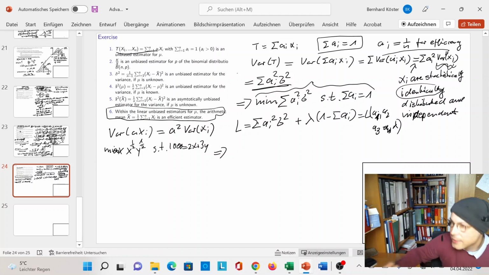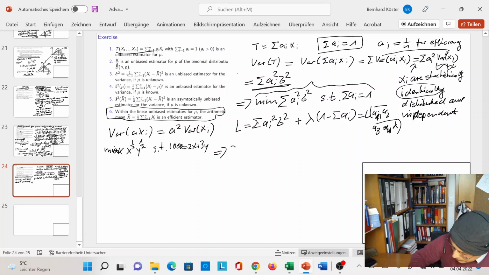How do you optimize such a function? What are you doing? Well, we have to take the derivatives with respect to these variables.